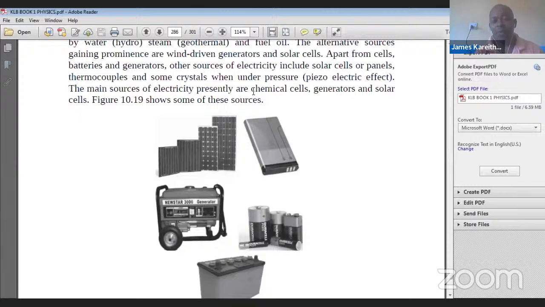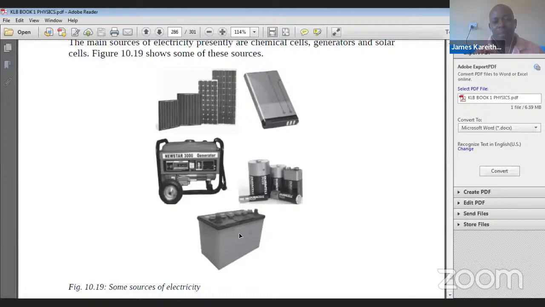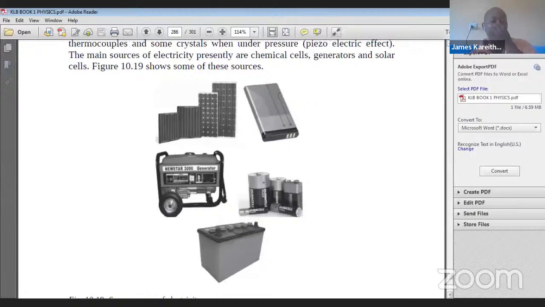Chemical cells, a good example is this one that we have here, something that we call a lead acid accumulator. Lead acid accumulator, that is a car battery. This one you can see here. We also have dry cells. Then we have the most prominent example nowadays, the ordinary phone cell.